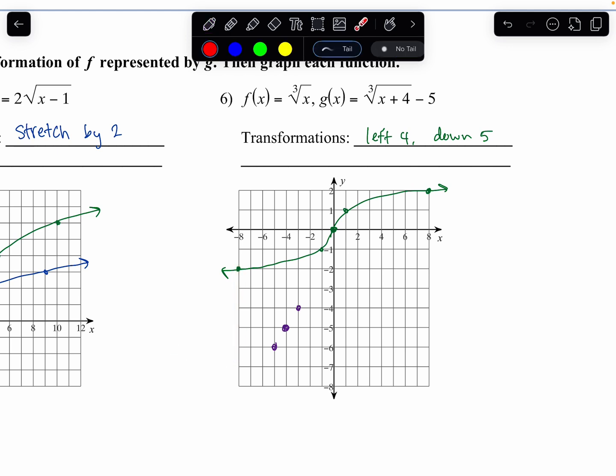I already moved this one, so 1, 2, 3, 4, 5. 1, 2, 3, 4. And then this point right here, so 1, 2, 3, 4, 5. 1, 2, 3, 4. So 4, negative 3. So just like that.